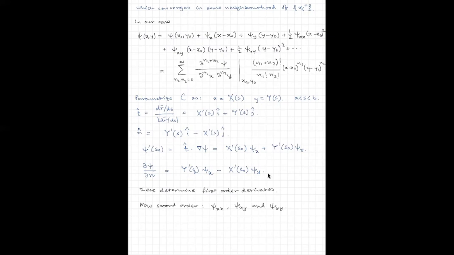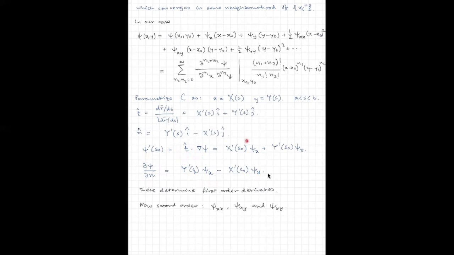So we at first tried to find out what psi x and psi y were, and these were given in terms of this del psi del n and psi prime as well, which was the t times the grad of psi. And these determined psi x and psi y, right?